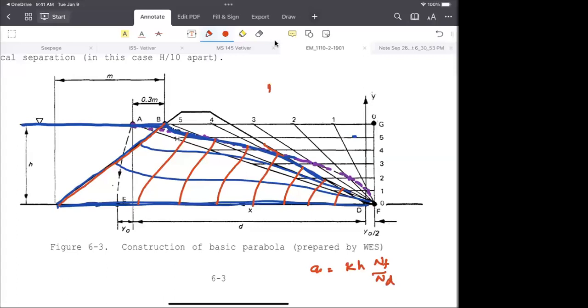So you have a K. What is H? The height of the water. What is NF? The number of flow lines: 1, 2, 3, 4. 1, 2, 3. NF is 3. What is ND? 1, 2, 3, 4, 5, 6, 7, 8. This one?